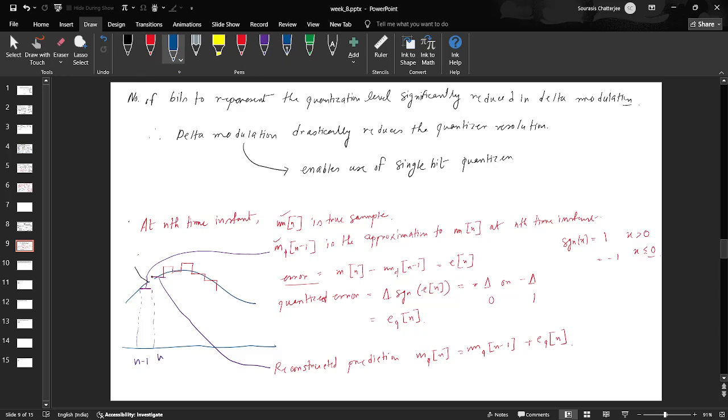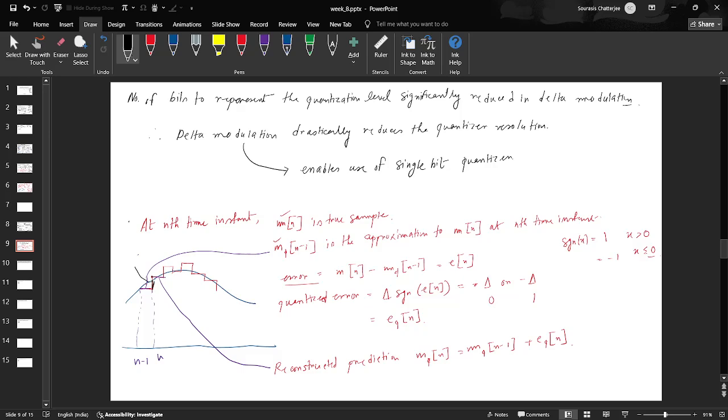So this blue line is the message signal, and what I am pointing out is this part here. This is your approximation mq[n-1], which we talked about, and your original value is this. So the difference between this m[n] and mq[n-1] is this part, right? This part I am noting in black.